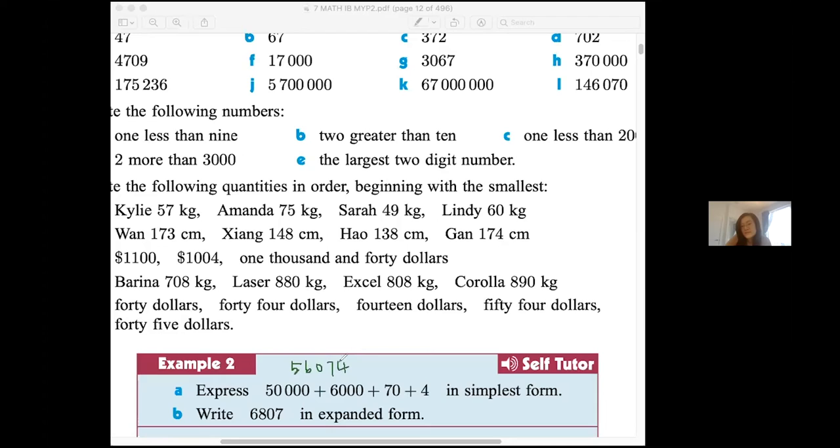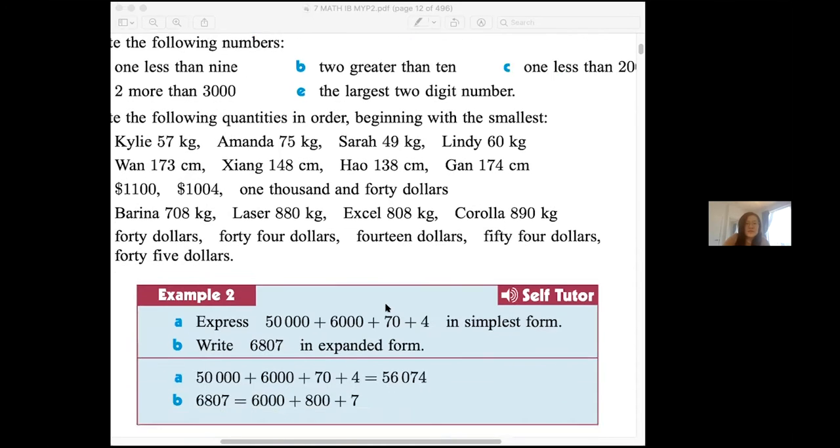This is called the simplest form, and the expanded form is the addition. Can I get someone to type their answer in the chat for 2B? Ethan's doing that. Thanks, Ethan, you have the right answer.